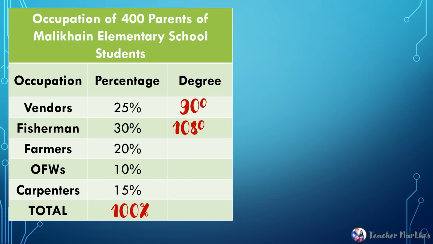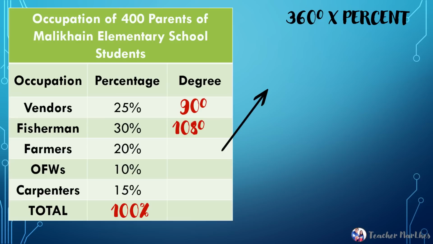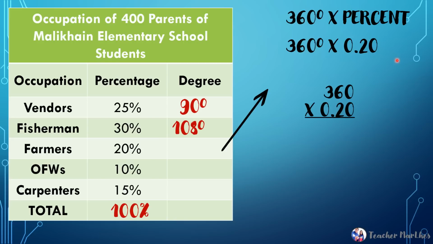So pangatlo, let's compute the farmers. 360 degrees times percent. So 360 times 0.20. Ayan, 20%. So 360 times 0.20. So 0 times 0, 0. 0 times 6 is 0. 0 times 3 is 0.